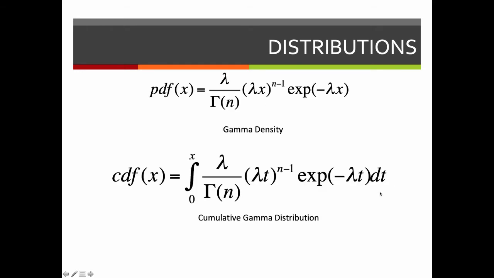A gamma density function, which is a different probability function. Here's the cumulative density function for the gamma distribution. The unknown parameters are lambda and n. N does not have to be integer, although if it is integer, gamma of n is n factorial.